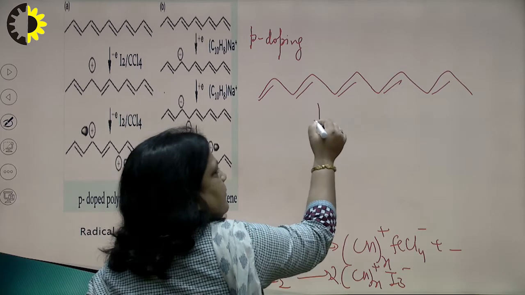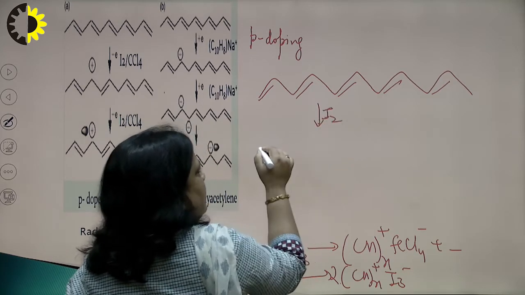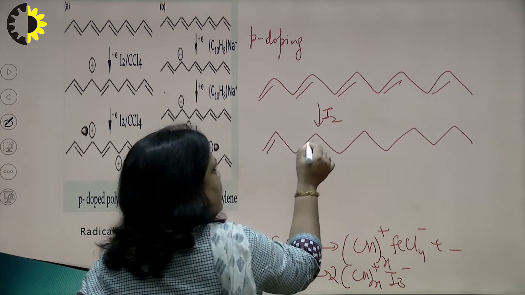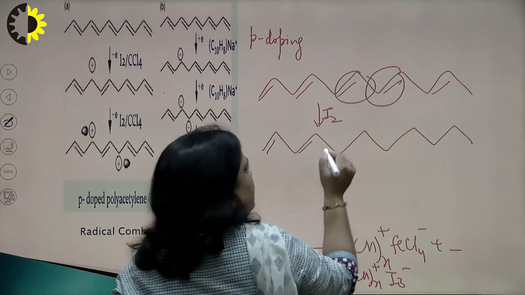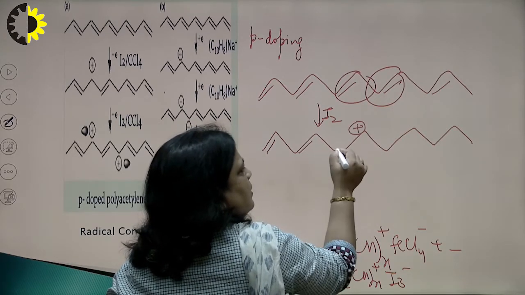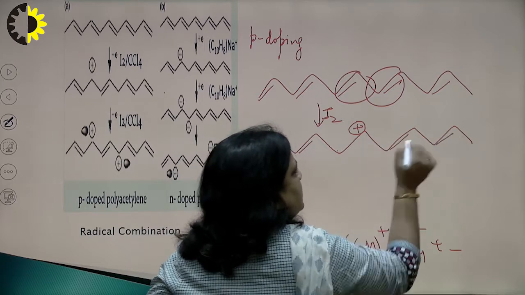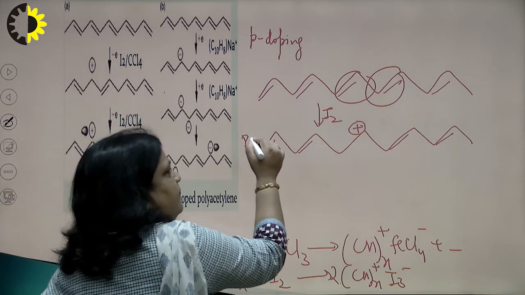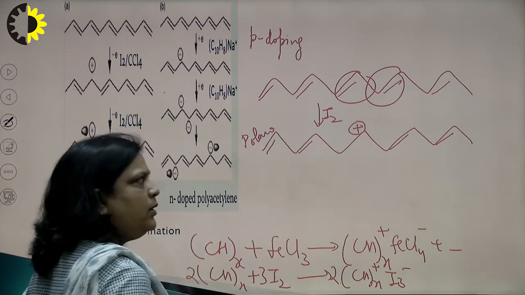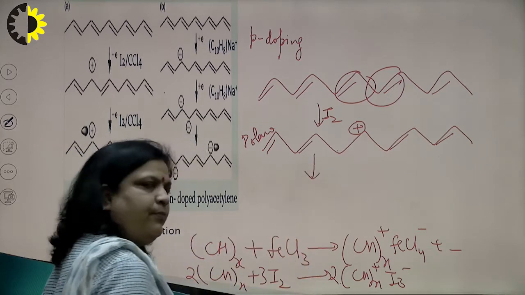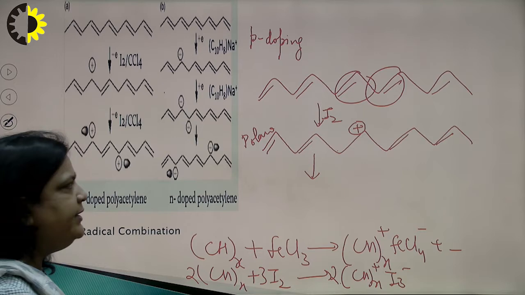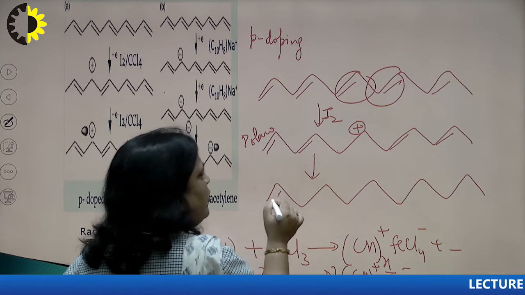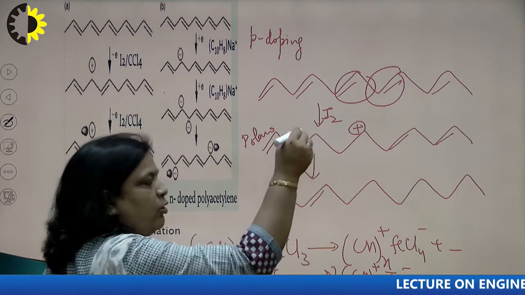So, first by taking the oxidizing agent, a radical ion or polaron gets developed. Now, again oxidation by radical combination, here is basically delocalization, movement of charge.